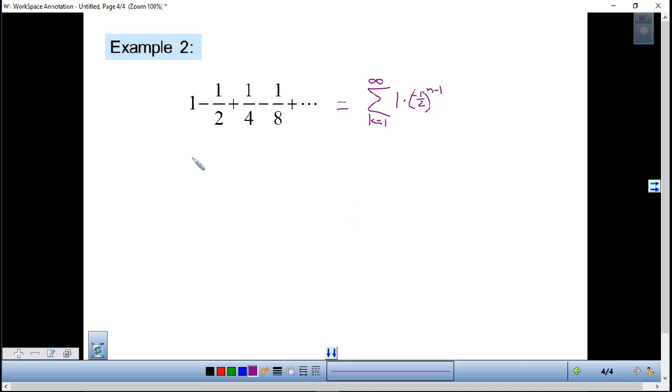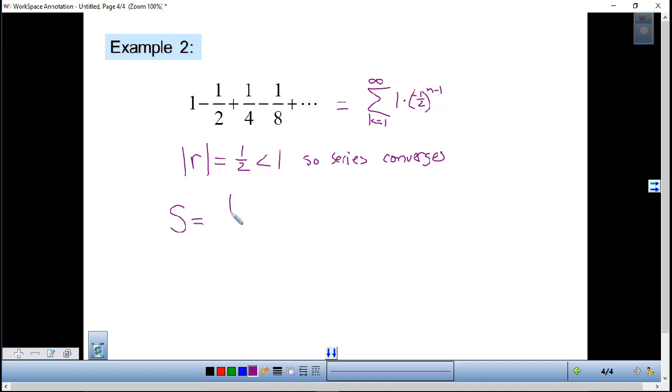All right, so once again, we have to ask ourselves, what is the absolute value of r? Well, the absolute value of r is the absolute value of this thing that we're multiplying over and over and over. So it's going to be 1/2, which is less than 1. So the series converges. And then what does it converge to?